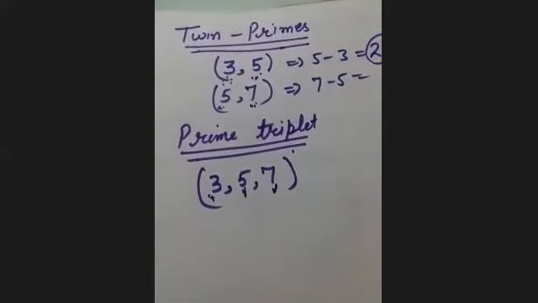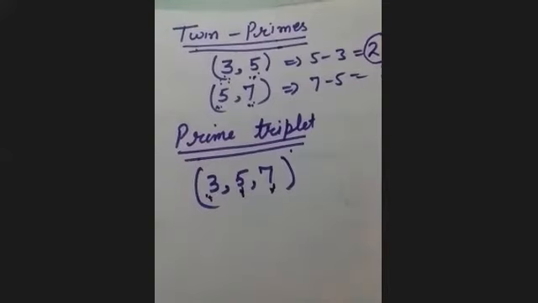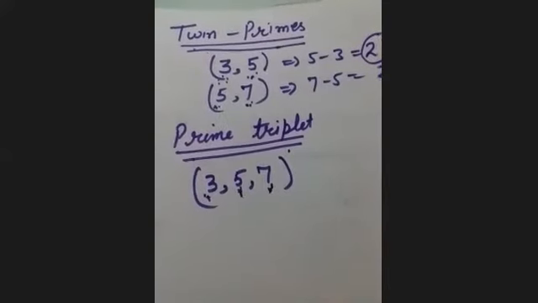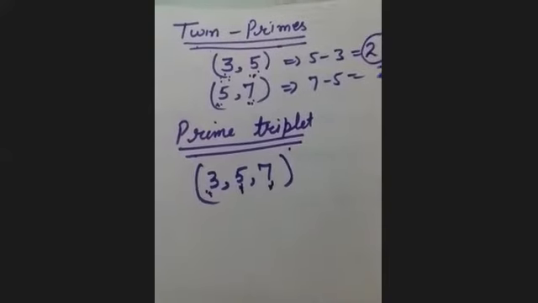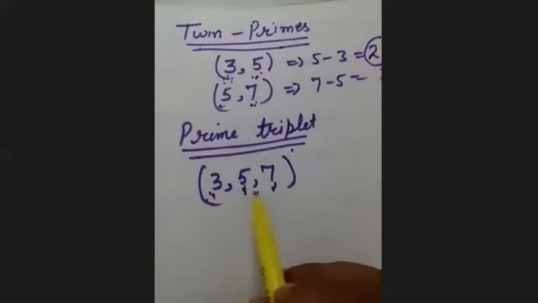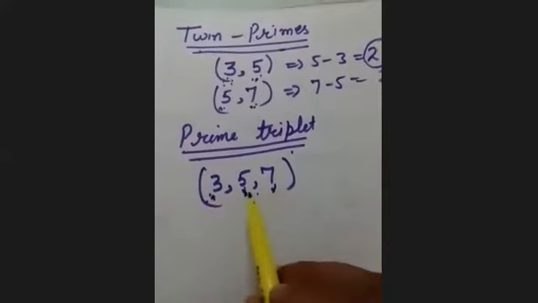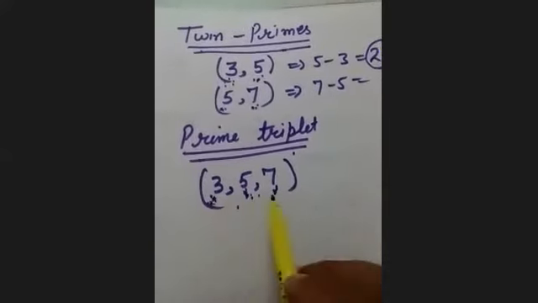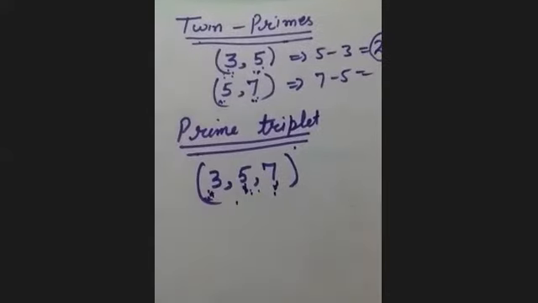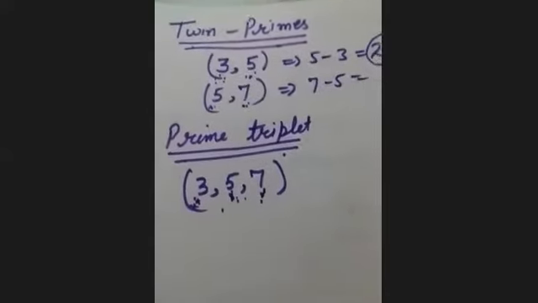A triplet of consecutive prime numbers which differ by 2.